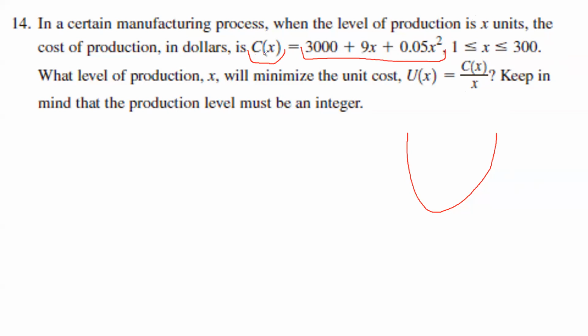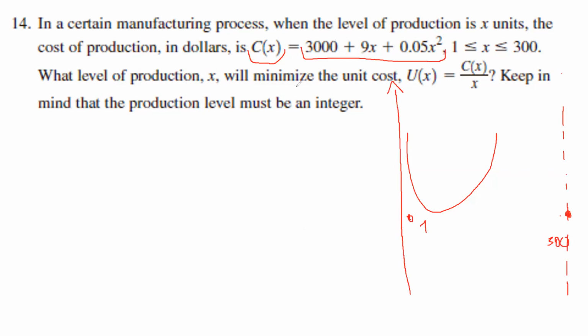We have the formula for C of x, from 1 to 300. That's really important information. I don't know where it's passing yet, but I can define the range that this function is defined from x equals 1 to 300. Okay, this is my range.